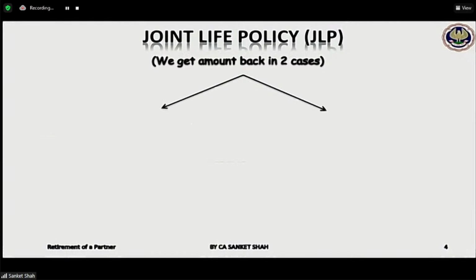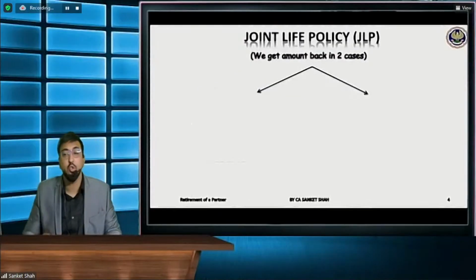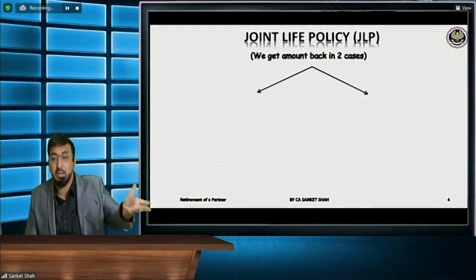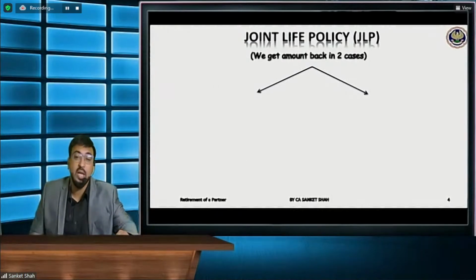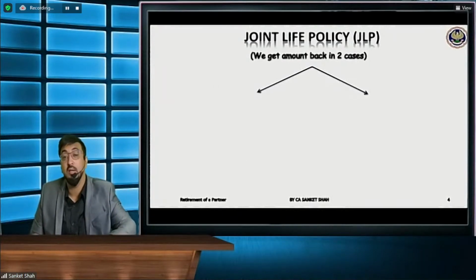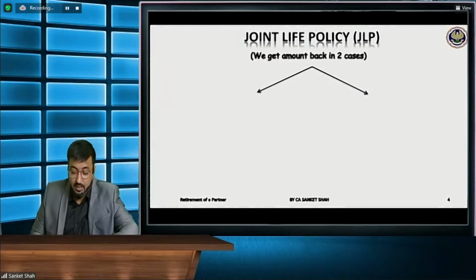We will get an amount from the insurance company. So we are paying premium. What are we paying? We are paying premium. We have paid premium and we will get something from the insurance company.